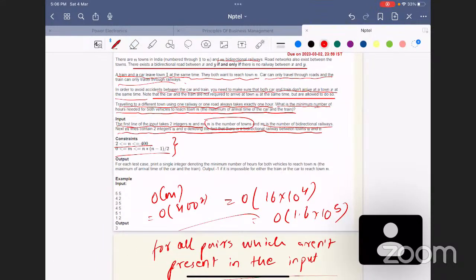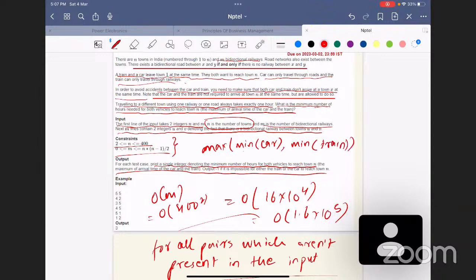So I think we have understood the input also. And what is the output? We have to just print a single integer denoting the minimum number of hours for both vehicles to reach town N, and that is the maximum of the arrival times. So as I told, maximum of time taken by car, comma, time taken by train.